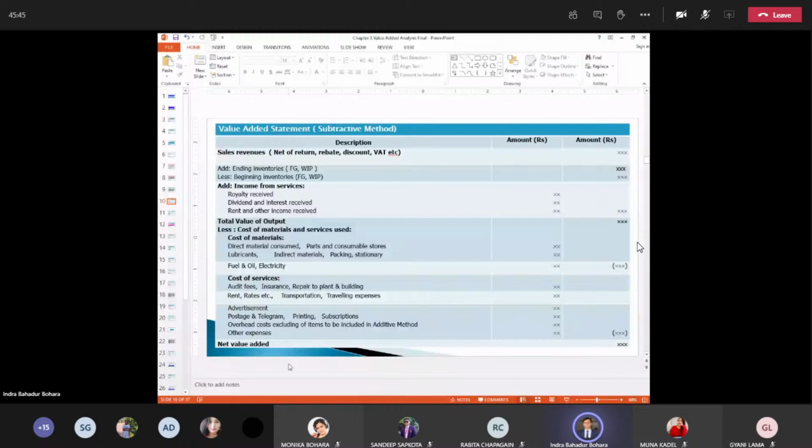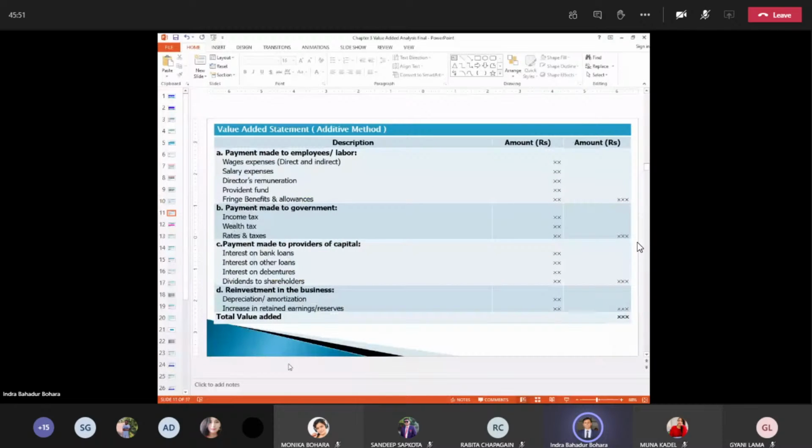For those without the book, and the value added statement under the additive method. Now when to use which: when we are given the information of additive only, like distribution to different parties, for a 5 marks question, if they give this and ask for analysis, then use the additive method. When you are given the information of subtractive, material cost, factory expenses, sales, office expenses, selling expenses, you should follow the subtractive method.